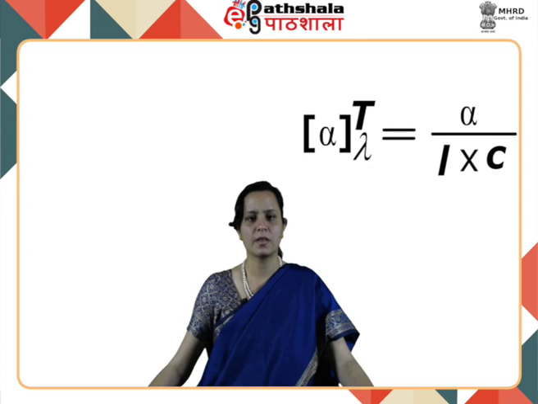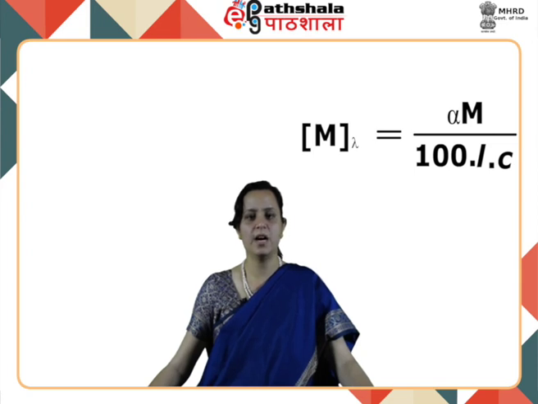We are already aware of specific rotation alpha lambda, which is equal to alpha divided by L times C, where alpha is the observed rotation at wavelength lambda in degrees, L is the light path in decimeters, and C is the concentration of optically active substance in grams per milliliter.